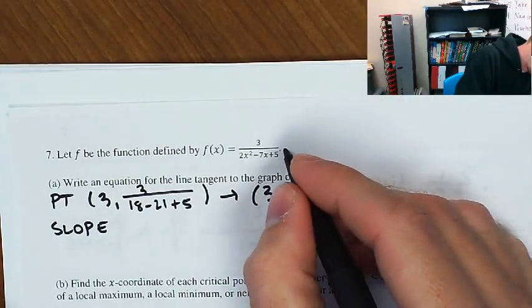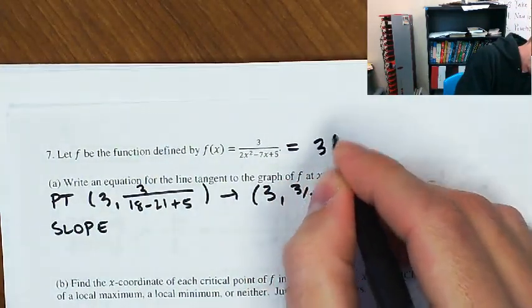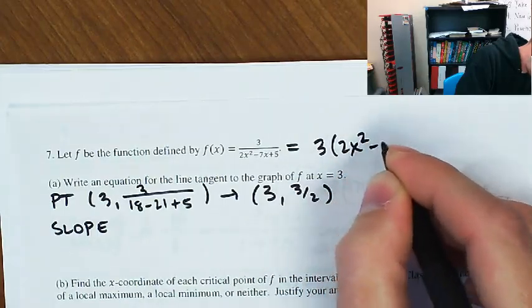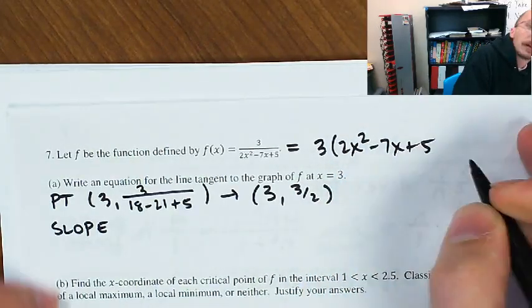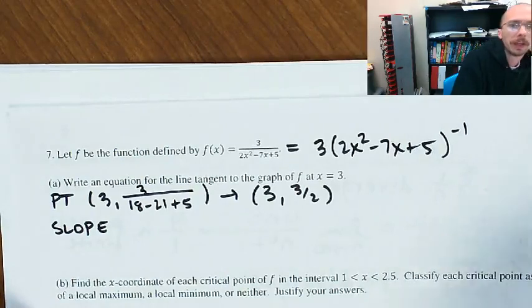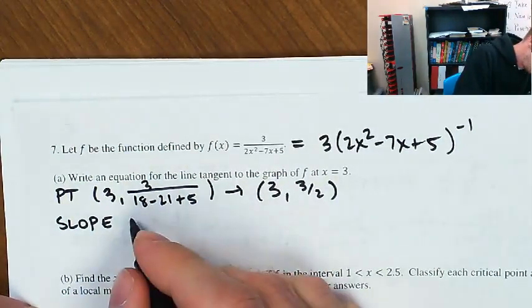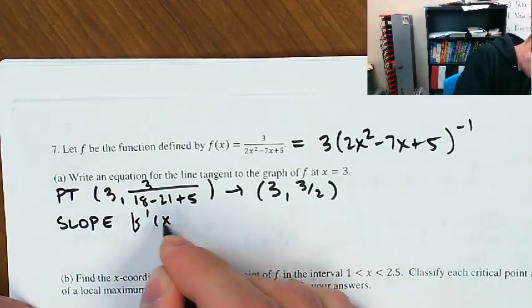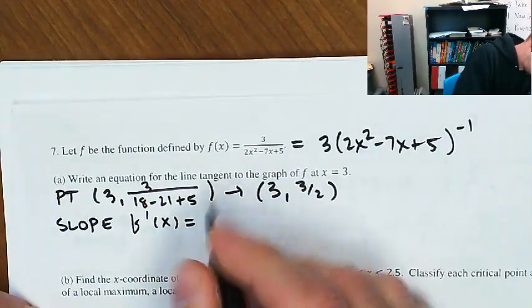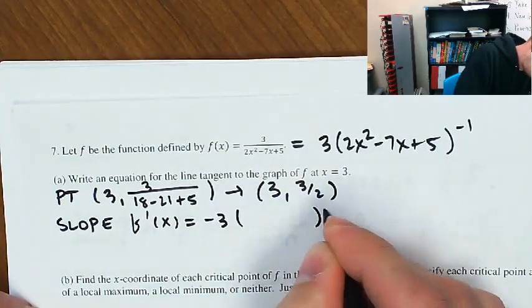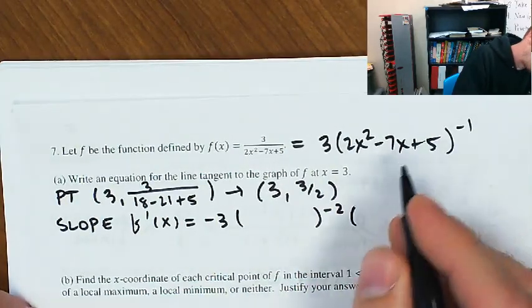Okay, so I'm going to actually call this, just for now, probably not forever, 3 times 2x squared minus 7x plus 5 to the negative first power, so that I can more easily take the derivative of it. The slope is going to be f prime of x equals negative 3 times that thing to the negative 2 multiplied by the derivative of that thing.